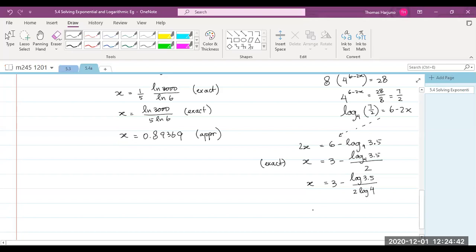I get x equals 2.54816. This is the approximate solution.